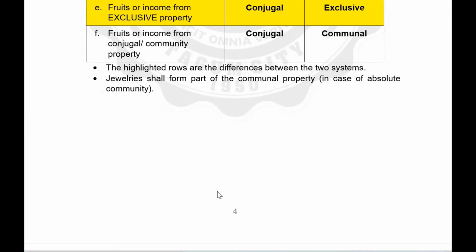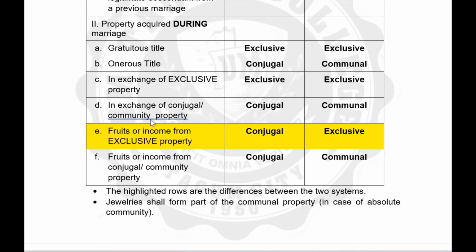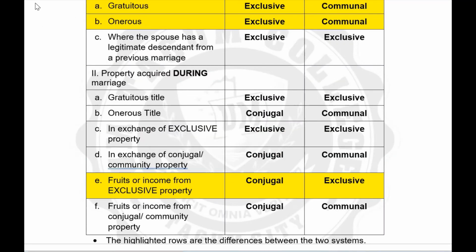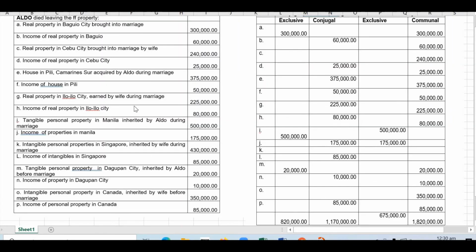So, we have here an example. I'll present an illustration. We have the properties of Aldo, who died.